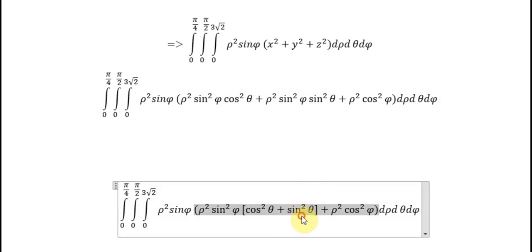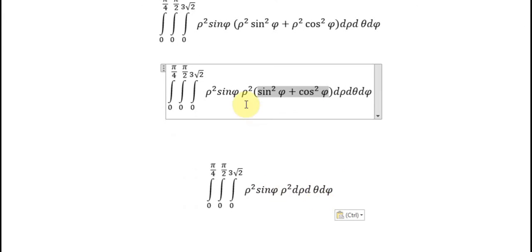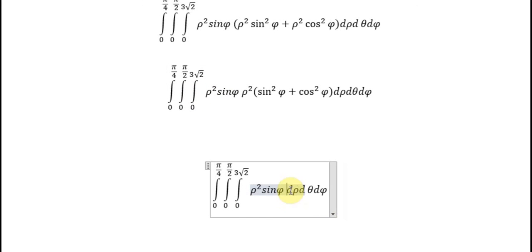We put the terms in the same group, and we see that cosine^2 plus sine^2 equals 1. So we get sine^2 phi and cosine^2 phi, and we put rho^2 outside. These become 1, and rho^2 multiplied by rho^2 gives rho^4. And here is the answer for the spherical coordinates question. That's it, the end. Thank you for watching.